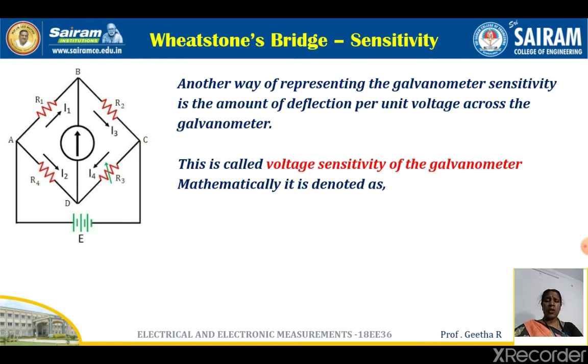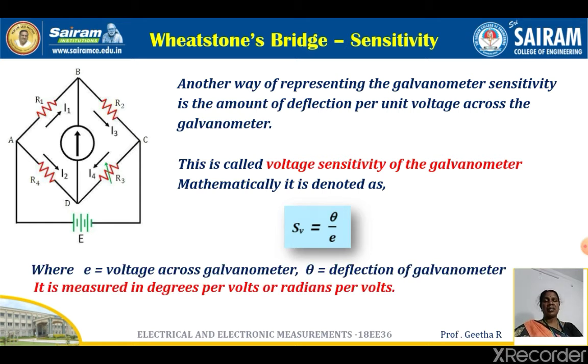The amount of deflection per unit voltage is the voltage sensitivity of the galvanometer, and it is mathematically expressed as S_V is equal to theta by E. So voltage sensitivity is nothing but deflection per unit voltage.